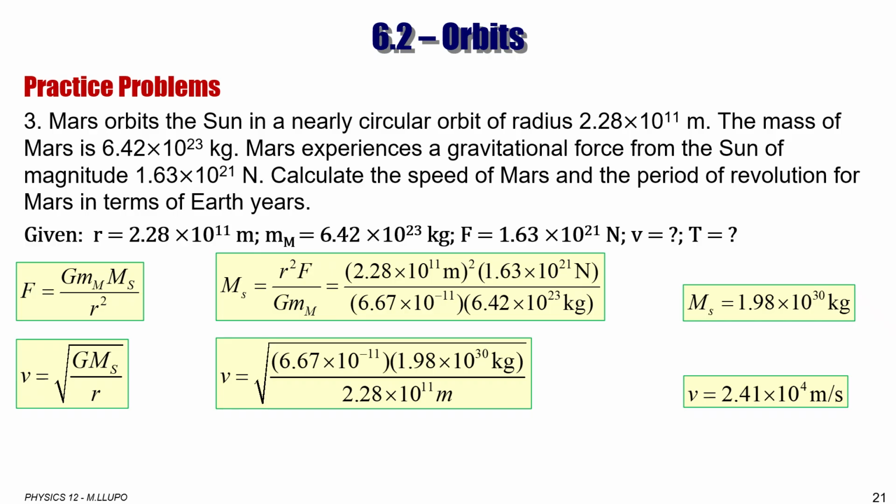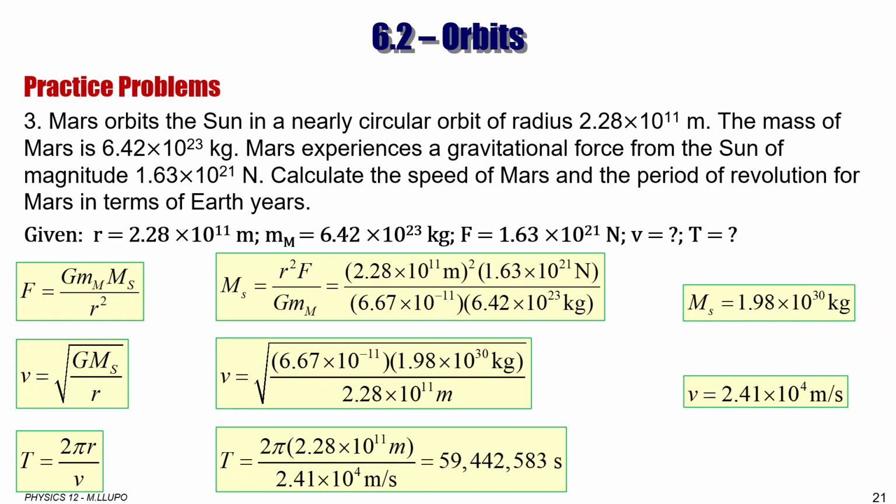So by getting the speed, you can look at the period of revolution. One cycle means the circumference of this orbit, so the period is 2 pi r over v. Plug those numbers, all in standard units, and you get 59,442,583 seconds.